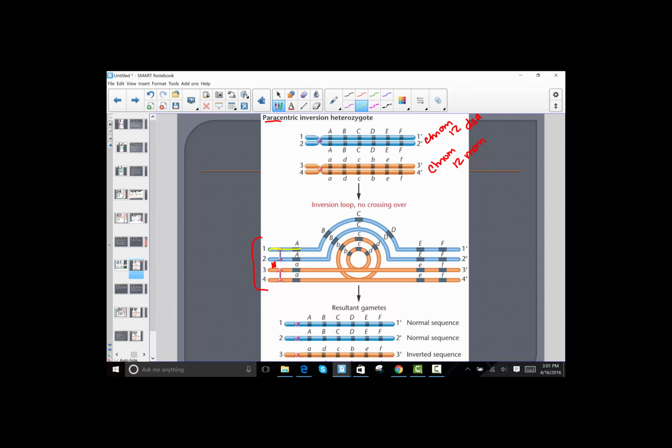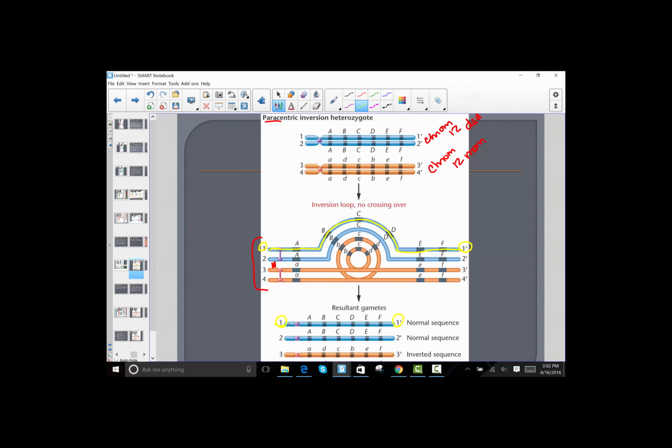Okay, we're going to go A, B, C, D, E, and F. So notice this notation here. 1 starts here, and 1 prime starts or ends here. Okay, so that's the notation.